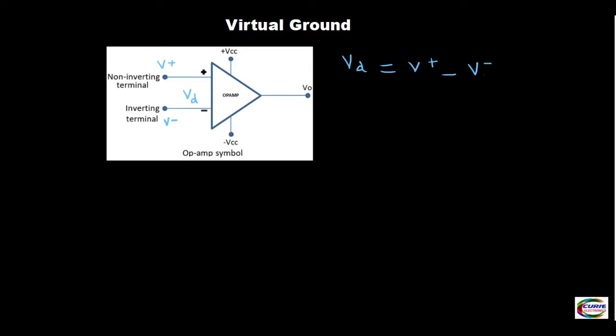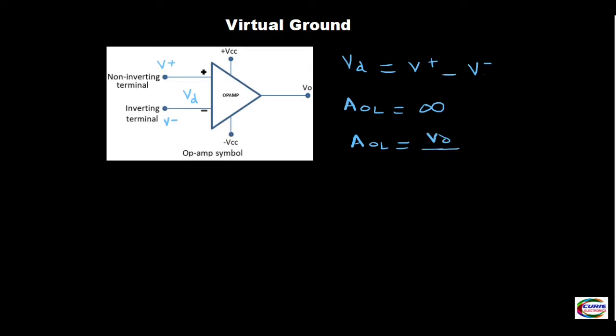Now, if you take an ideal op amp, the open loop gain, that is represented as AOL, is infinite. What is the gain equation? AOL, open loop gain, equals V out upon what?